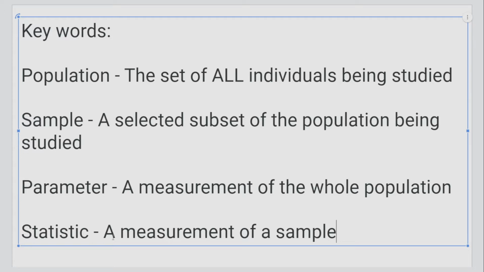For example, let's say I take 1,000 random people from Chiang Rai and I get that the average age is 28. I might be able to guess that the average age of every single person in Chiang Rai is around 28. Again, that's not very statistically sound, but that's an example that I can give, right?